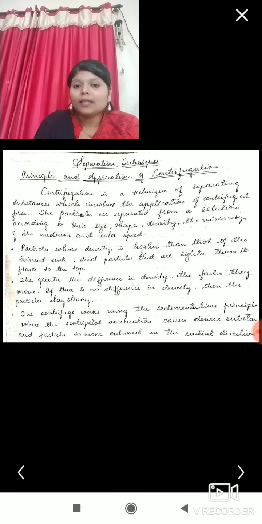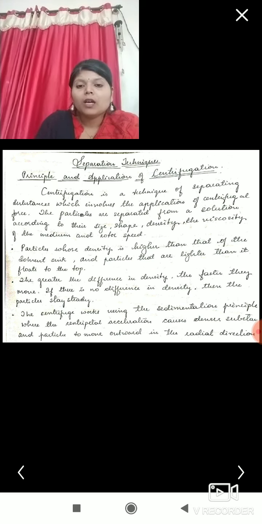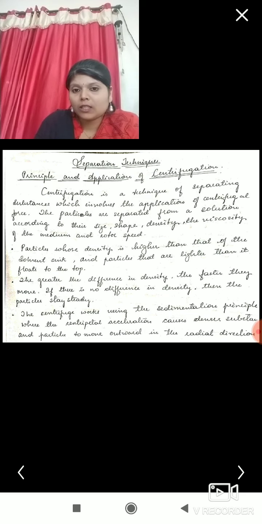But here we are going to segregate certain kinds of liquids from liquids, liquid to liquid, or of biomolecules, in other words, the supernatant and the residue that we get after the centrifugation.